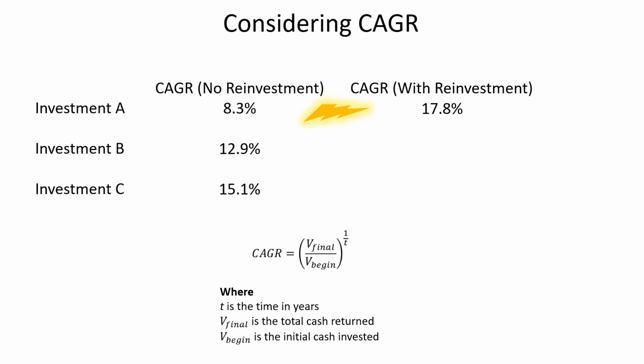Investment B does benefit somewhat from the additional time to reinvest. Investment C has the same CAGR regardless of whether you consider reinvestment, because there was no time to reinvest.